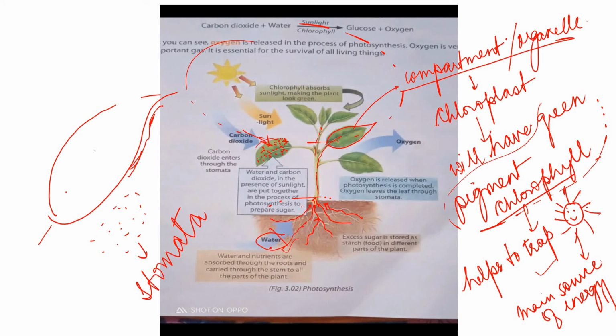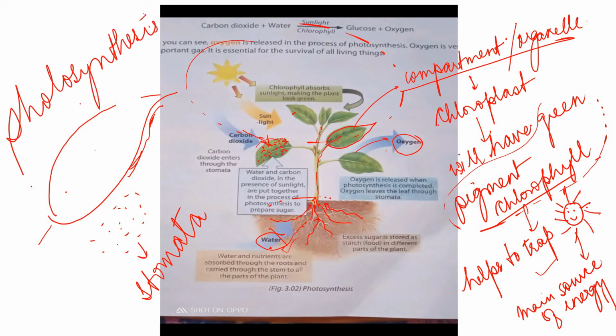Then these plants take all these 3 raw materials, prepare the food, and as a result, in the end, we get oxygen, right? We're breathing, isn't it? So we are taking in oxygen, because why? The plants have prepared this oxygen by the process of photosynthesis.